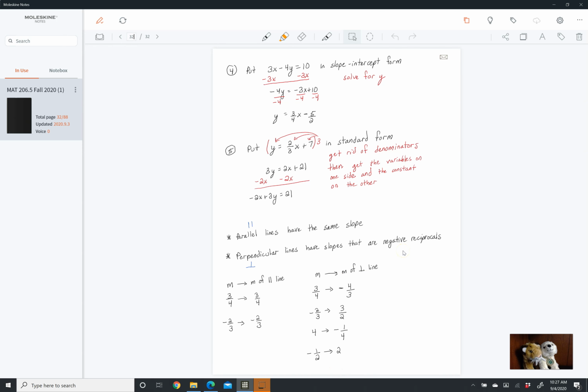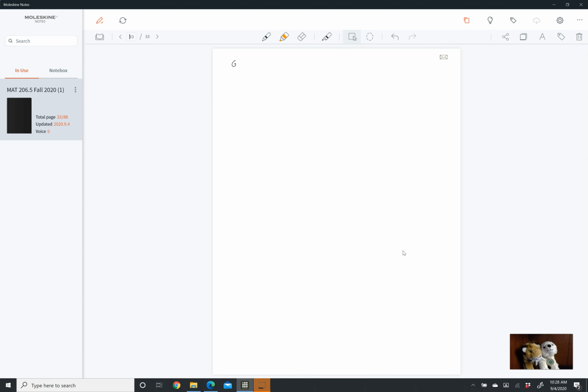Okay, so let's talk about how this affects us. Let's just take a bunch of examples of when this might come up. Given, let's say, y equals 3x minus 4, let's write the equation of a perpendicular line.